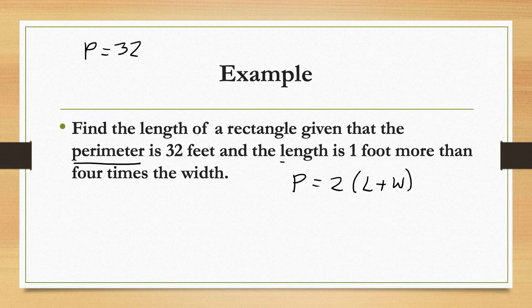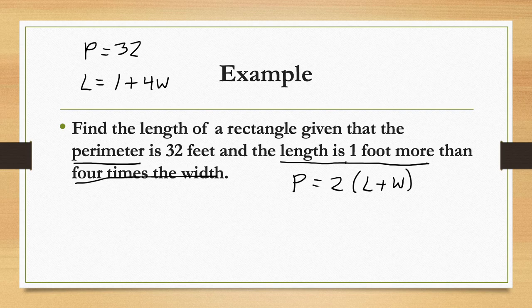So we know that we're going to be plugging in a 32 in place of the P in our formula. And then we're told that the length is, so I'm going to go ahead and write L is equal to, length is 1 foot more, so that's going to be 1 plus 4 times the width, so 4 times W. So let's go to our formula.